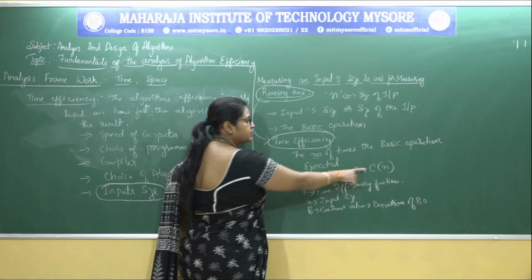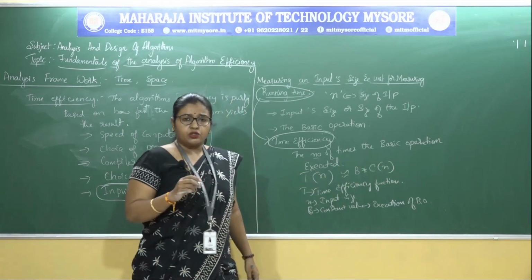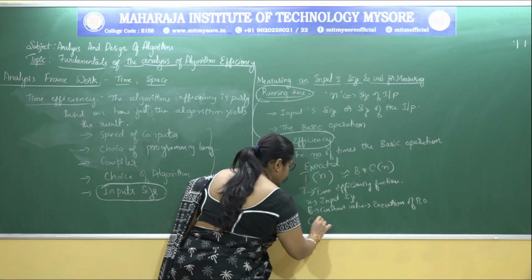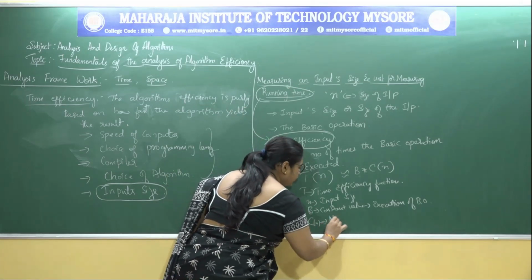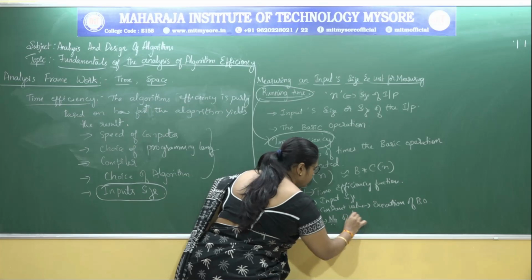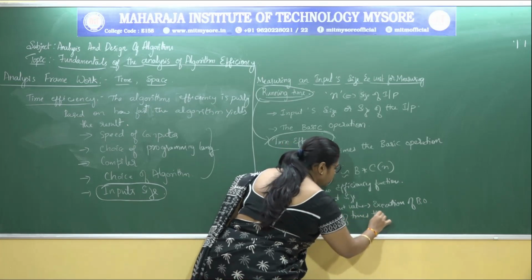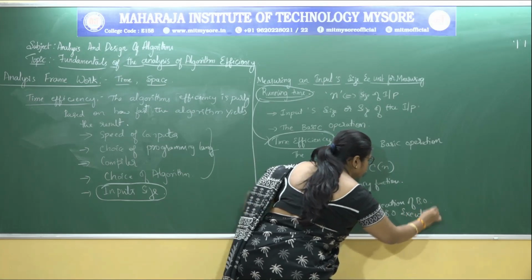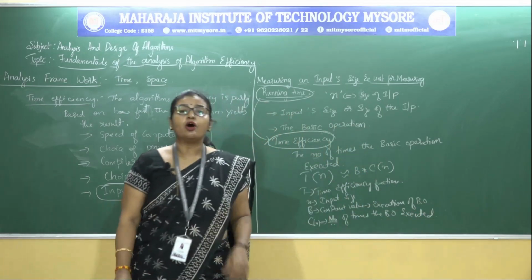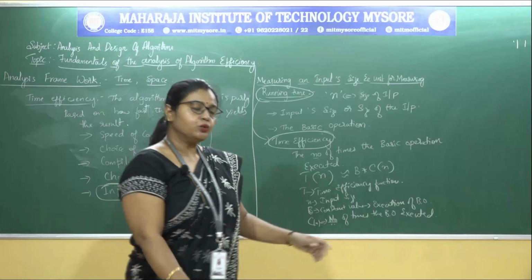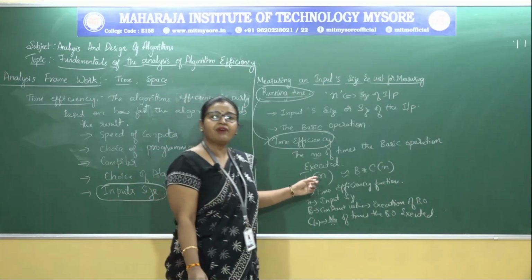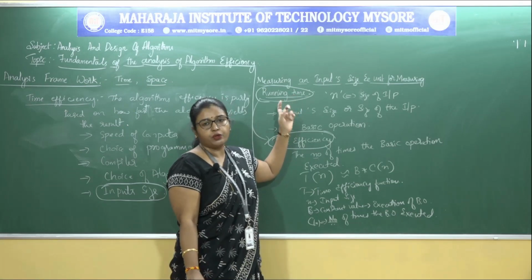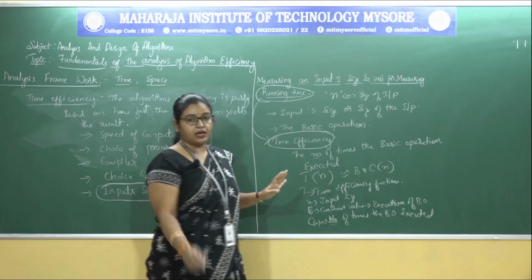Okay. So next is C of n. C of n is nothing but the number of times the basic operation is executed. Using this equation we can find the time efficiency or running time of your algorithm.